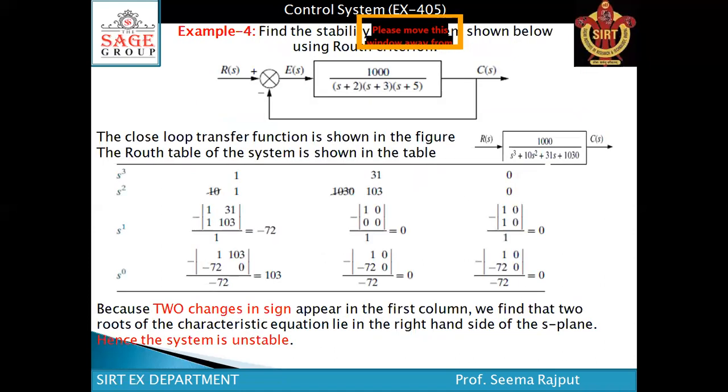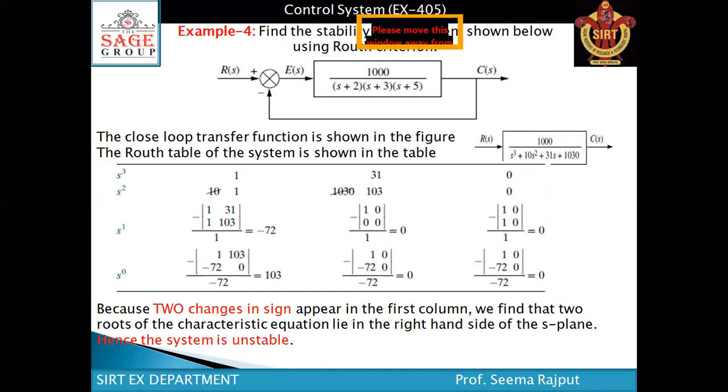Now that is the 4th example. Find the stability of the system shown below using the Routh table. So there is one transfer function or one block diagram. With the help of this block diagram, we have to find the characteristic equation. After finding this characteristic equation, we have to put all the coefficients in the Routh table and solve with the Routh criteria method.